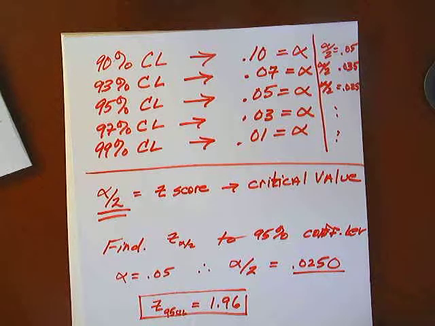Now, that's going to play into your confidence interval and all that good stuff. z is equal to 1.96. The critical value, therefore, is 1.96.